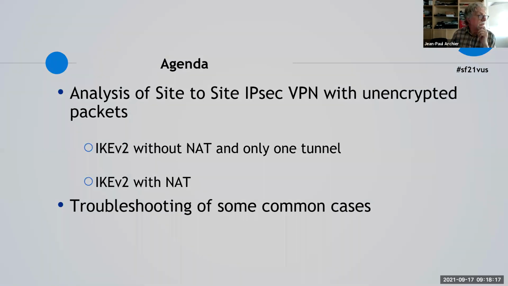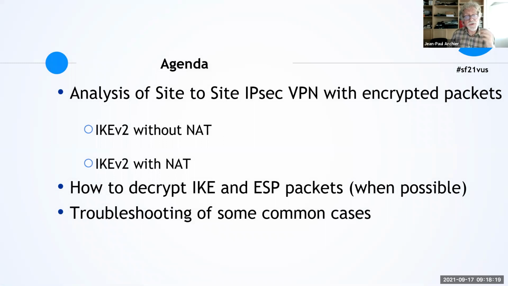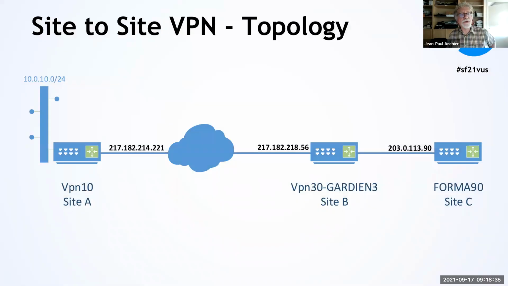We will also see the situation where deciphering or decrypting is possible and what we need to decrypt these packets. Let's see what topology we will use for most of the cases in this presentation.